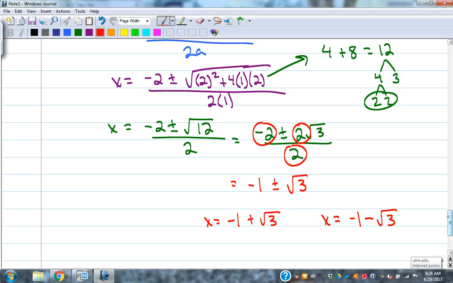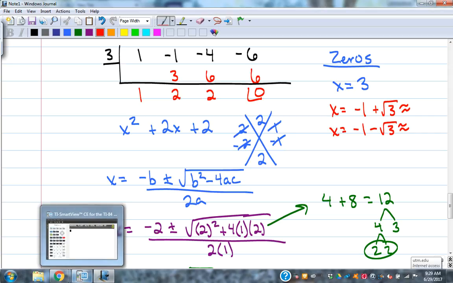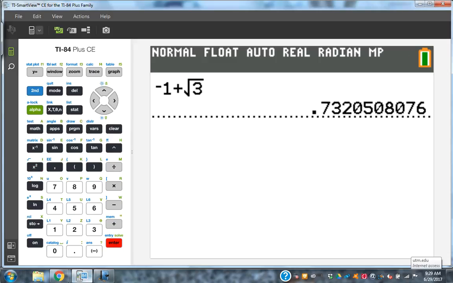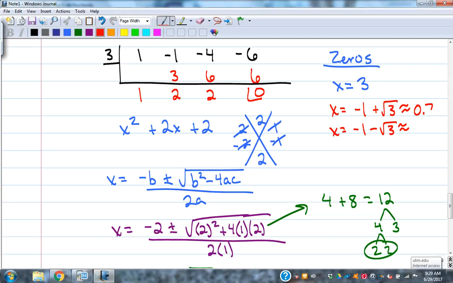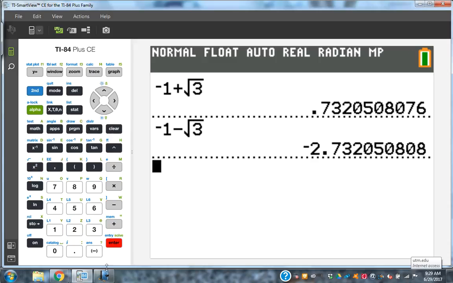I'm going to get the decimal approximation for those as well. So negative 1 plus the square root of 3, 0.73, and then negative 1 minus the square root of 3, negative 2.73.